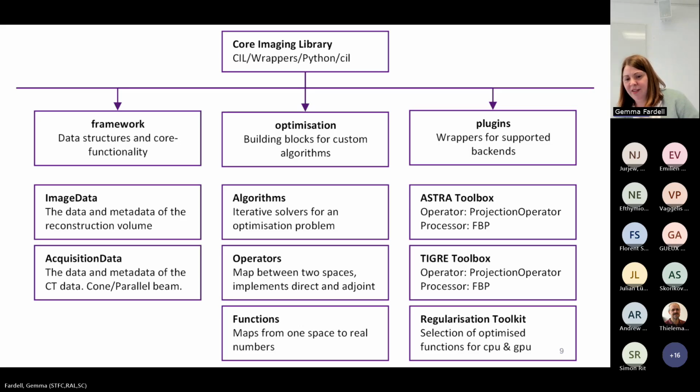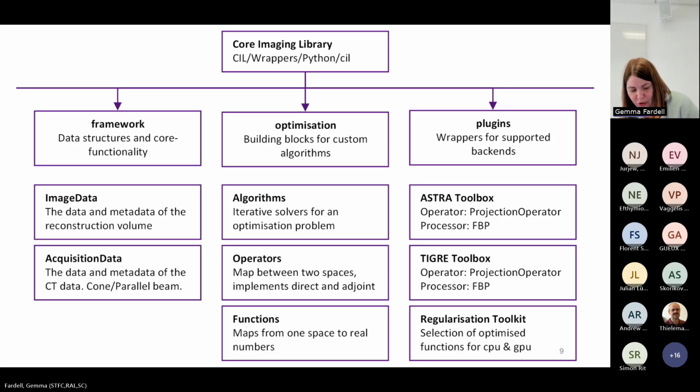On the right, I've listed our three main plugins, equivalent to how CILsyBee uses STIR and Gadgetron for their backends. We have ASTRA and TIGRE, which provide a set of forward and back projectors, and the regularization toolkit, which is some optimized functions, with both CPU and GPU implementations.